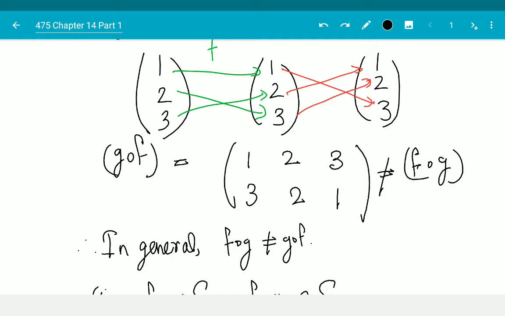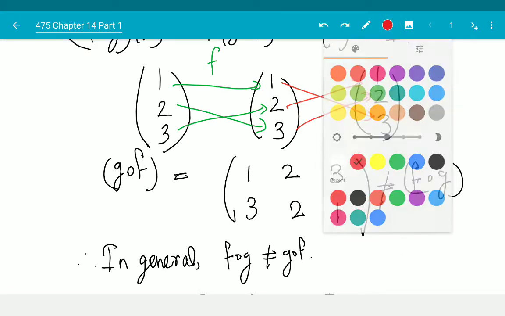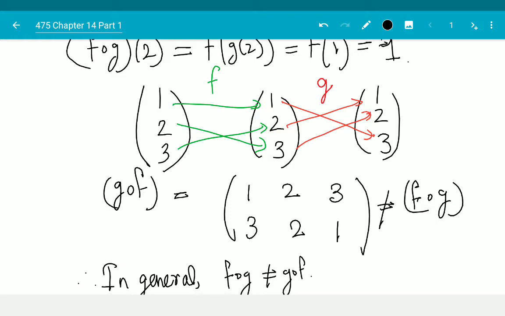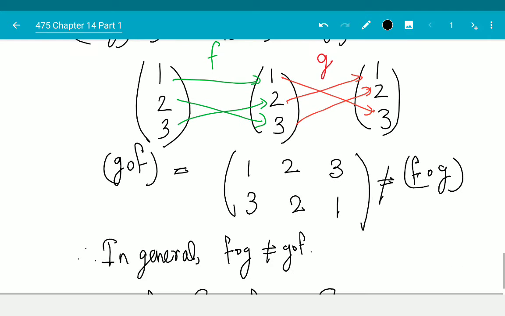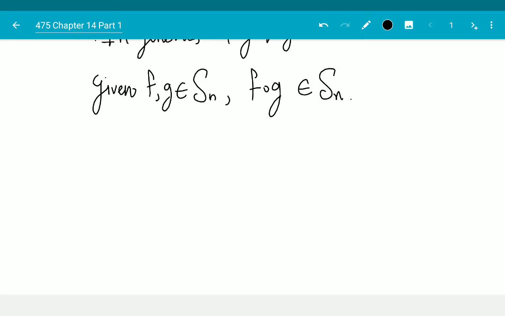If it is 2, 2, 1 in the end place, then two of the arrows of G had to be going to 2. That means 2 as well as 3 should have been going to 2. That is the only way that two of the numbers are going to 2, which cannot happen because G was a permutation. So F composed G is always going to be a permutation. Okay? Lemma.